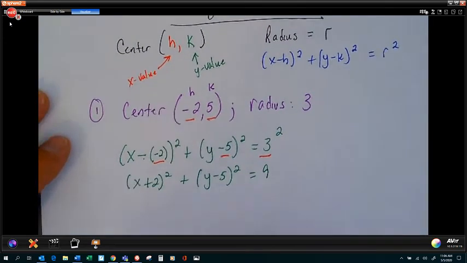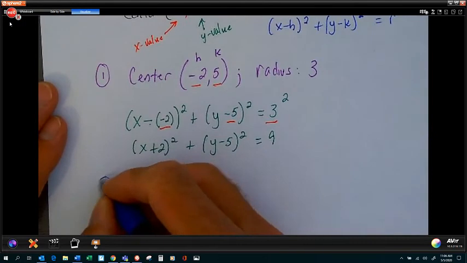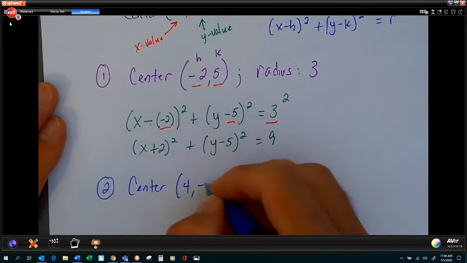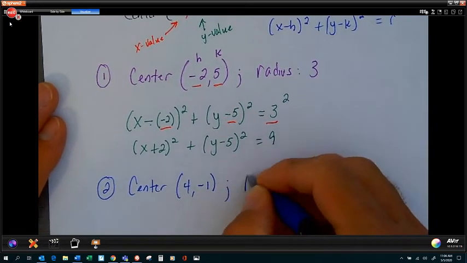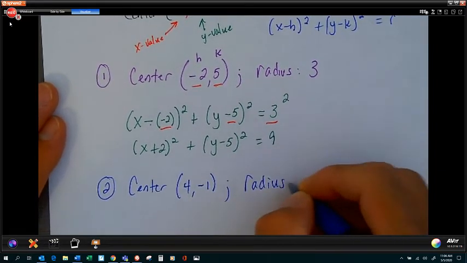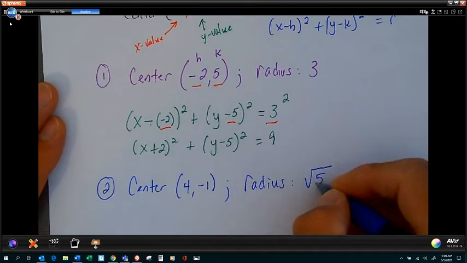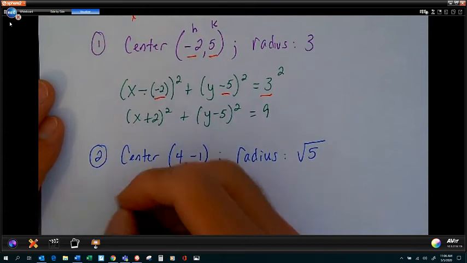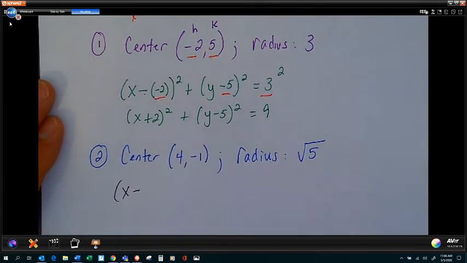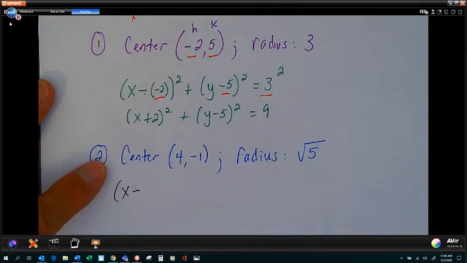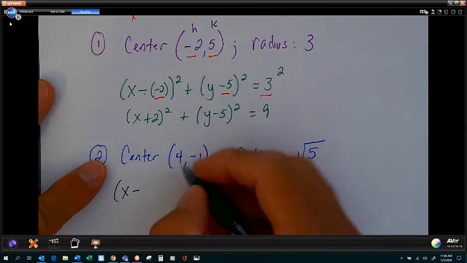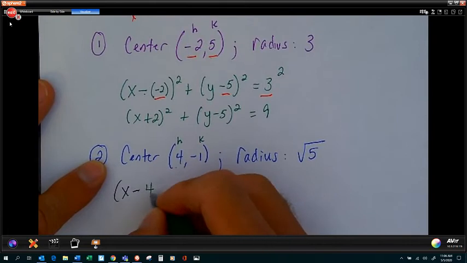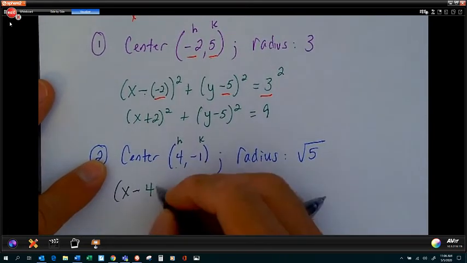Okay, example number 2. We've got our center at (4, -1), and our radius this time is a radical, the square root of 5. So again, plugging everything into our equation, we have x minus, and we're plugging in our 4 value here, which is our h value, so x minus h is x minus 4.